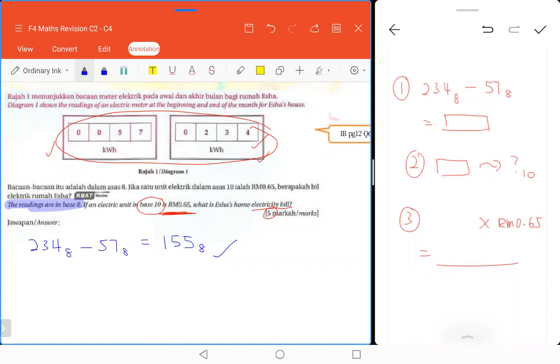Okay, then change to base 10. So it's in base 10.